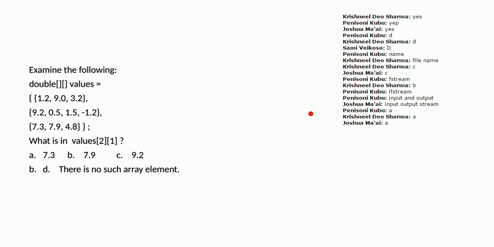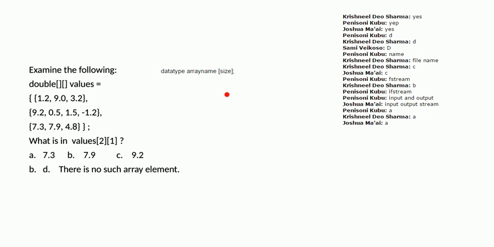The normal array syntax, as you have learned till now, is that you have a data type, and then you have the array name, and then you have square brackets where you tell the size of the array, which is constant, and that's it.